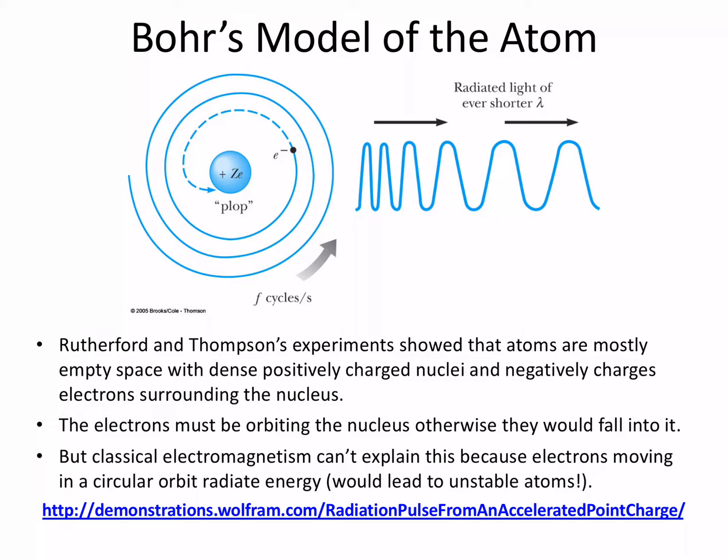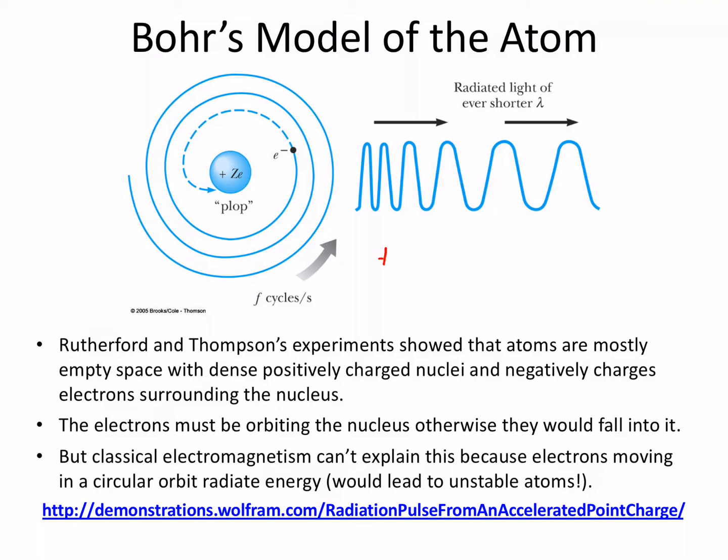So, going back to the stuff we had already talked about, Rutherford and Thomson's experiments showed that atoms are mostly empty space with a dense positively charged nucleus and negative electrical charges floating around. Now think about this. If you have a positive charge in the nucleus and you have a negative charge in the electron, and that electron was sitting nearby at rest, what would happen?